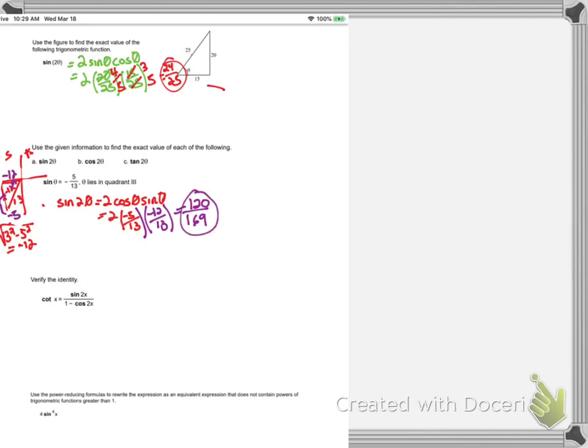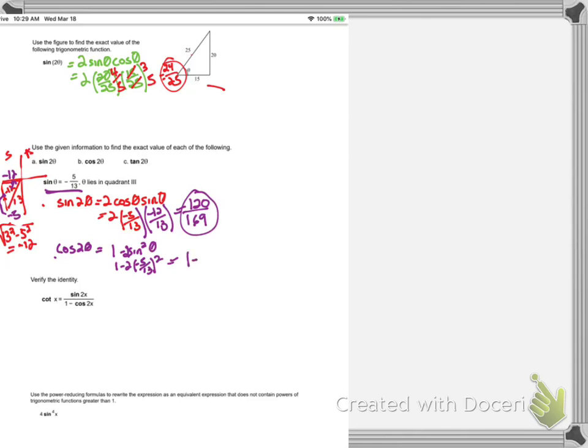Okay. Our next one up is going to be cosine of 2 theta. There's a couple options for this one. I went with 1 minus 2 sine squared theta. The only reason I went with this one was because it had sine in it, and sine was what was given. So 1 minus 2 times -5 over 13 squared.